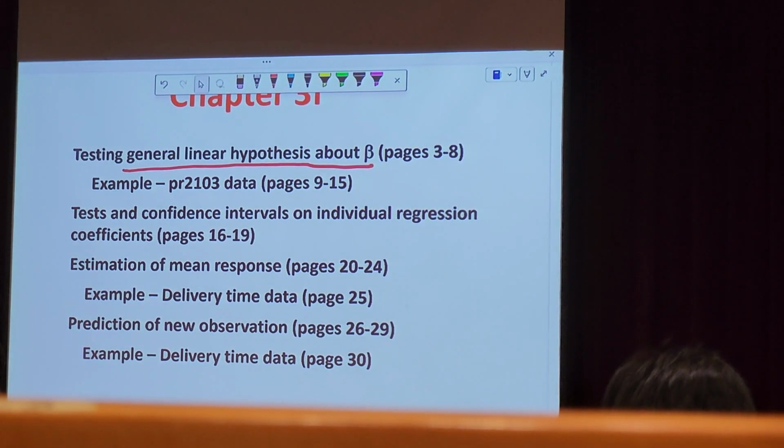The rest are also important, but the most important one is this one. And the extra sum of squares method that I described in the last lecture is a special case of this. I've shown you many examples to illustrate this general linear hypothesis about beta.